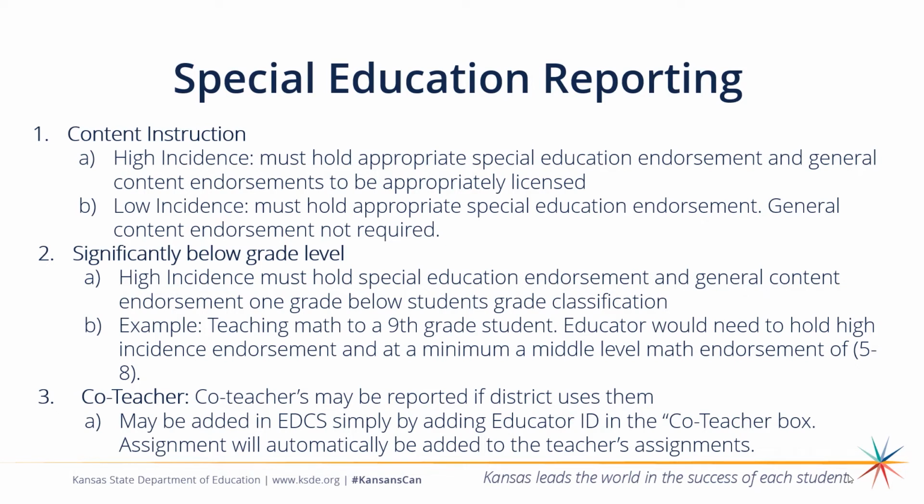This will automatically add that assignment information to that teacher, and when there's a check done in the staff assignment report, it will check both educators' license endorsement areas to make sure that the combination of the two educators meets licensing requirements to provide that specific instruction. So you don't have to go in and manually add that assignment to each educator. Just select the co-teacher checkbox and then add in the educator ID.